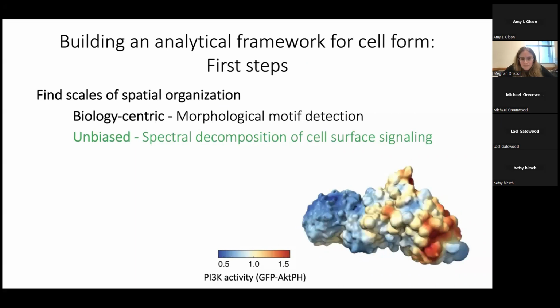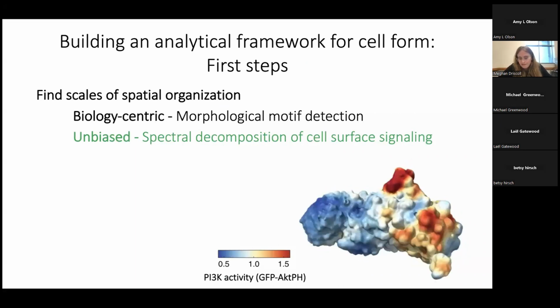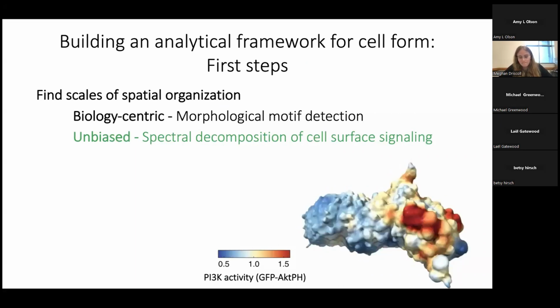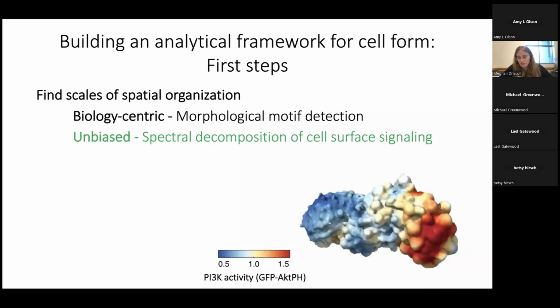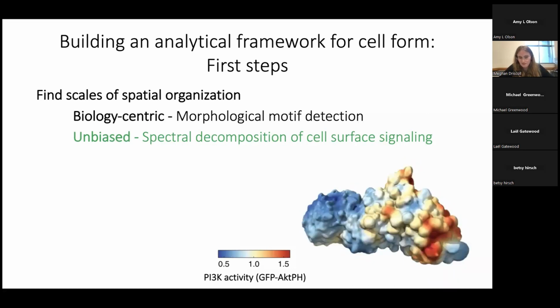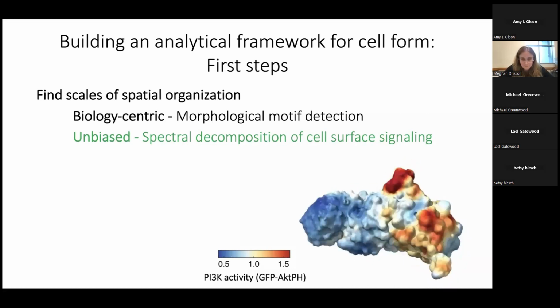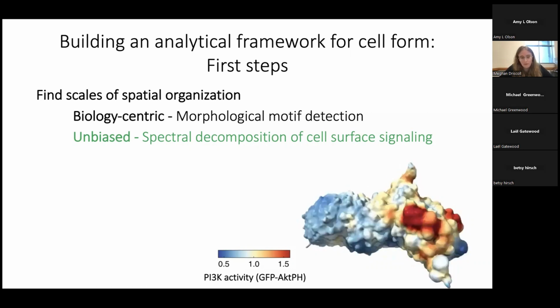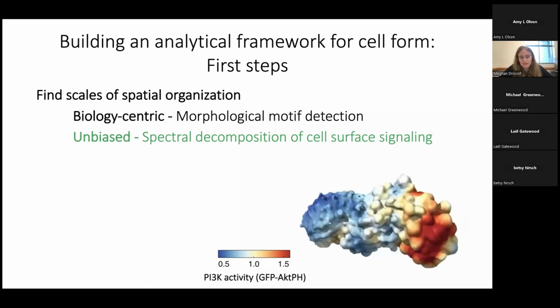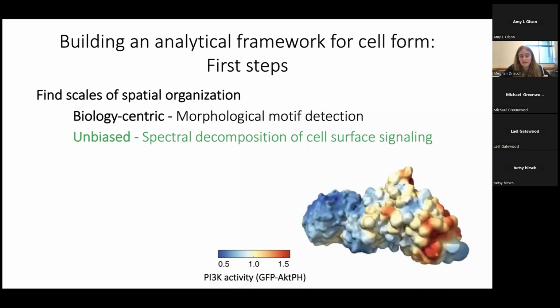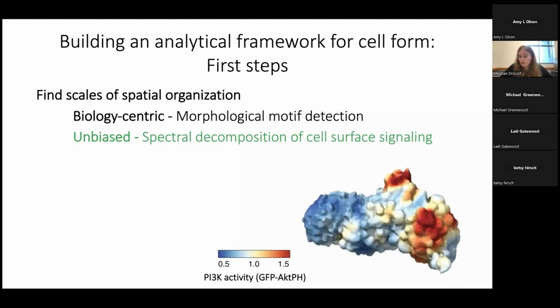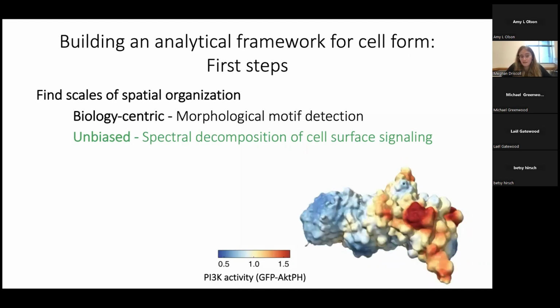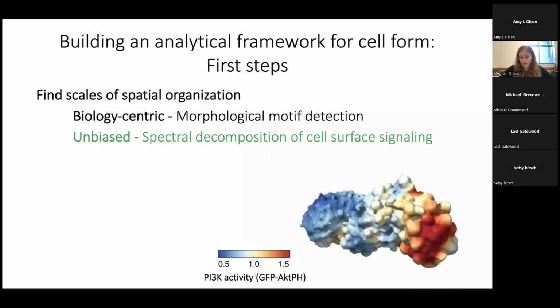In our biology-centric, I guess, methods of distinguishing signaling activity on the cell surface was useful, but we were wondering if we could instead use techniques from computer graphics to analyze the distribution of signaling, or really anything on the cell surface, in a more unbiased way, right?